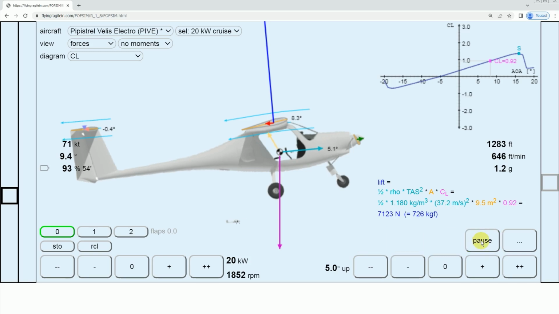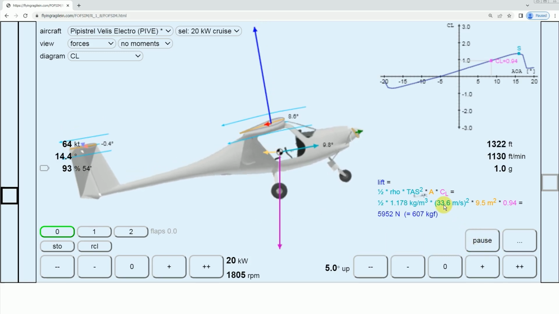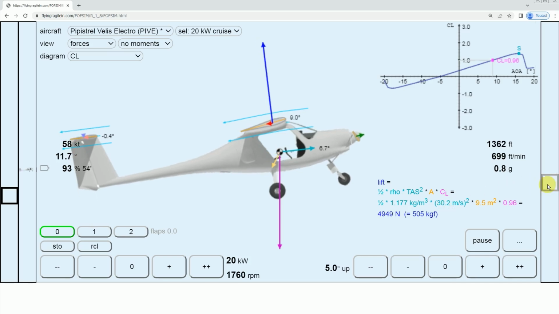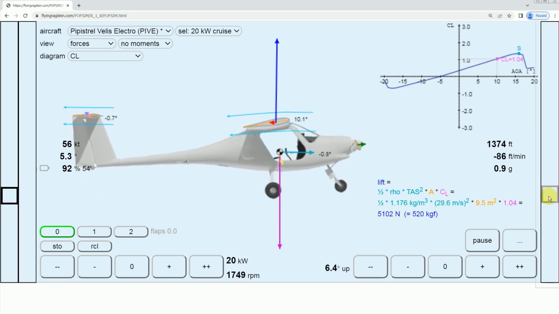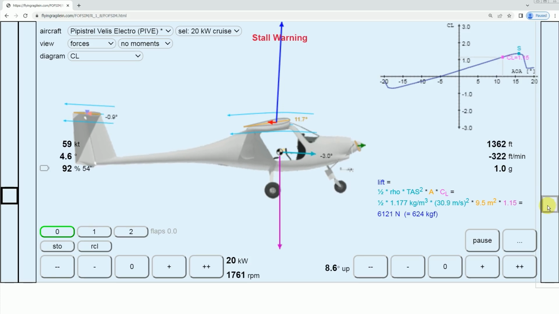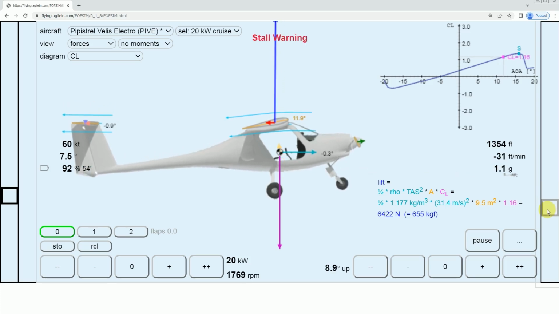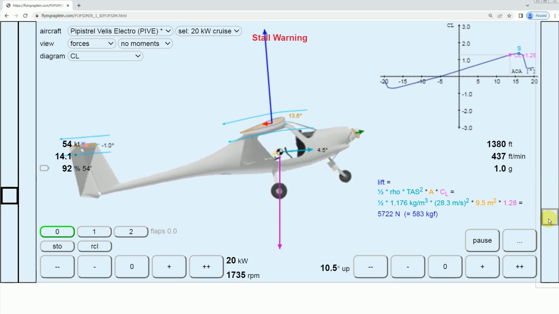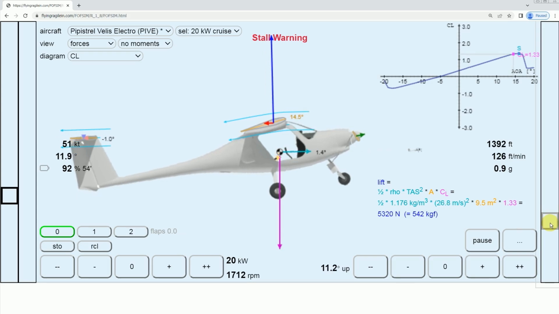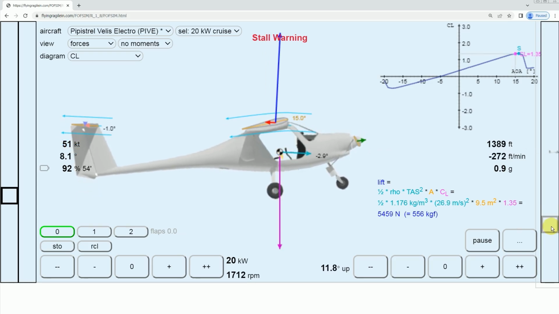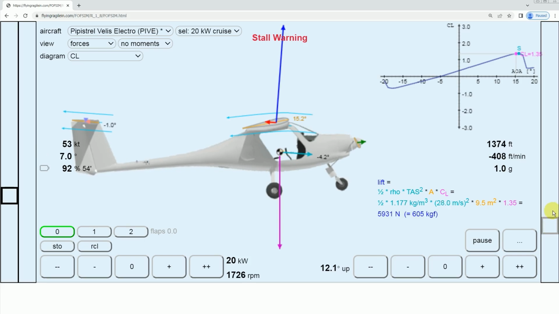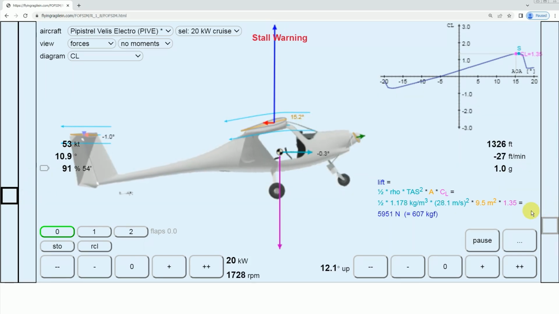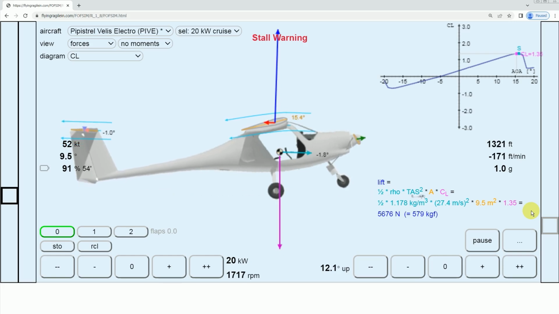Let's continue. Now the climb slows the aircraft down. Let's pull a bit more. After a couple of oscillations, the aircraft adapts its flight path to the higher CL.